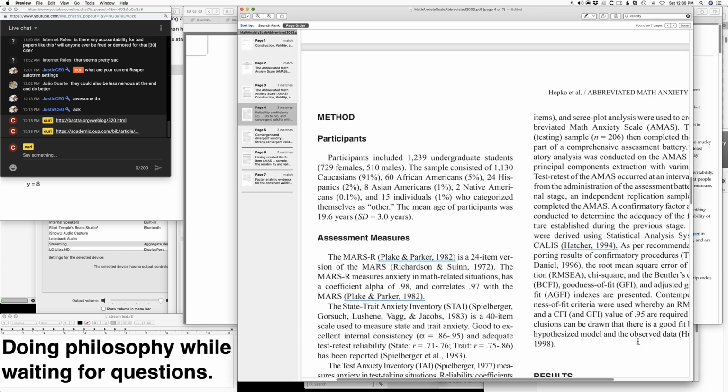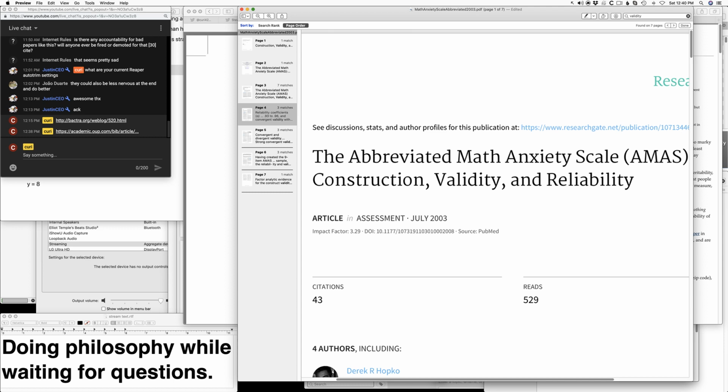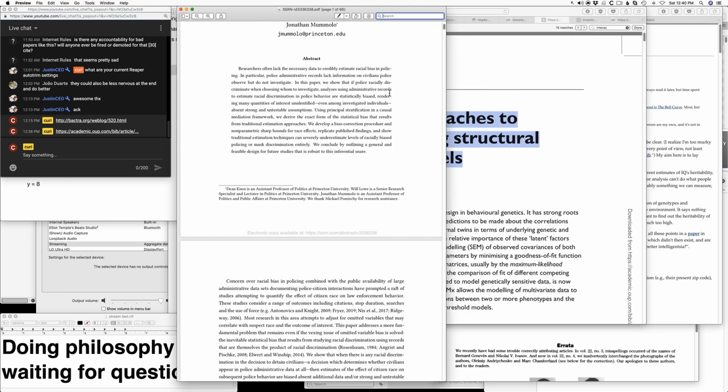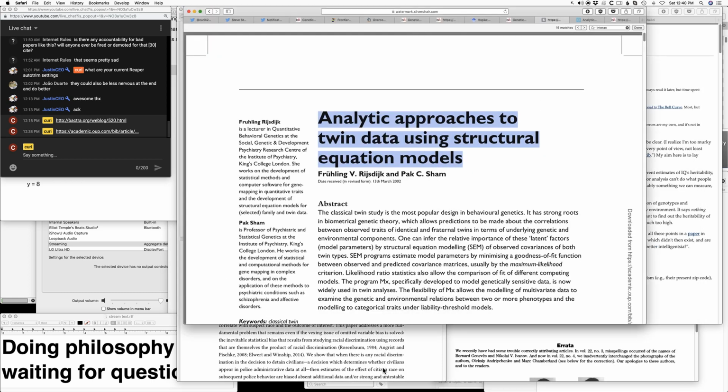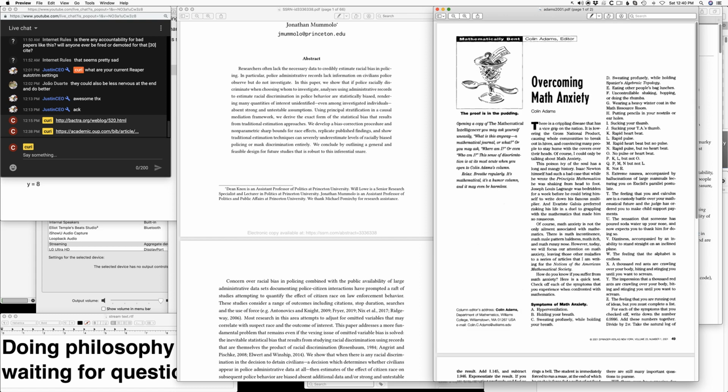Oh, there was the, I'll save this. Where is it? I wanted to save this one as well. Where's that? Desktop.